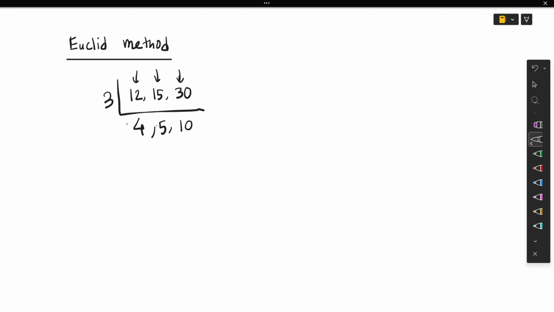Now you cannot think of any value which can divide 4, 5 and 10 at one time. Okay, there is no value. Therefore we can say 3 is the HCF here. We have to think all these 3 values must be divisible by the number.